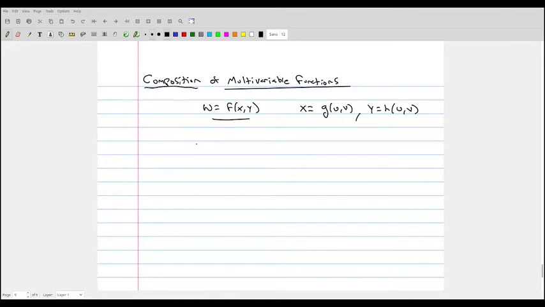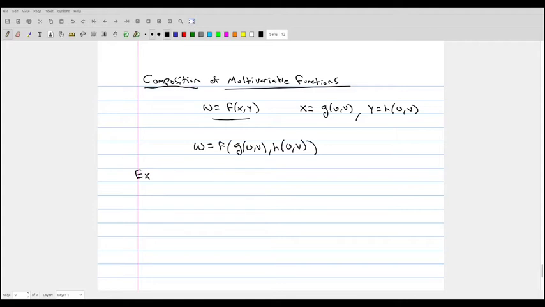You can say that w is then also a function of u and v. Specifically, it's the function when you plug in g of uv for x and h of uv for y.